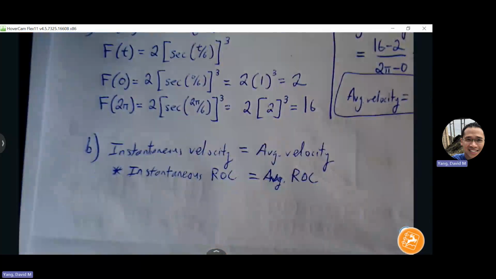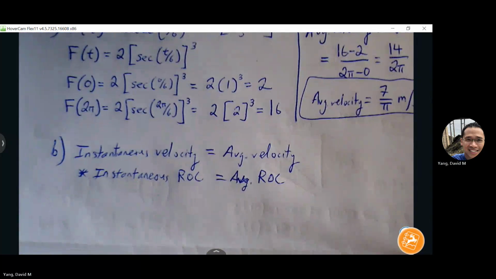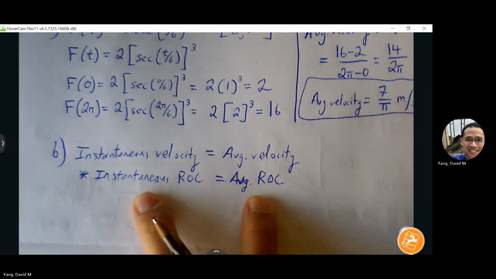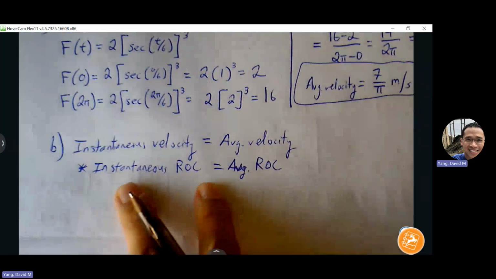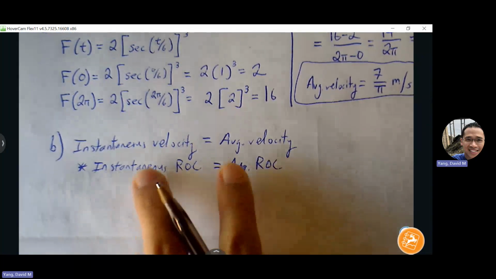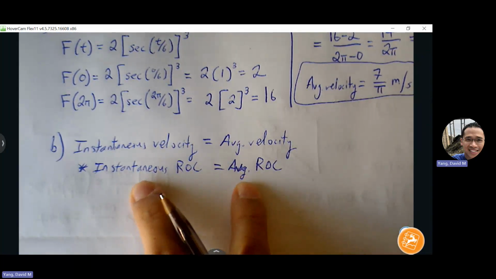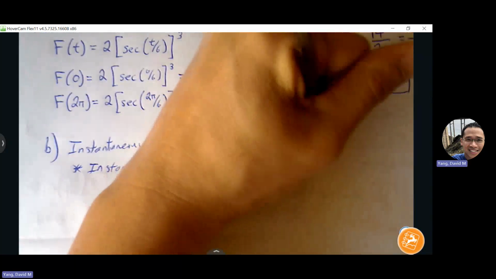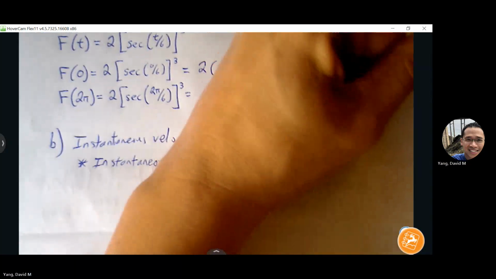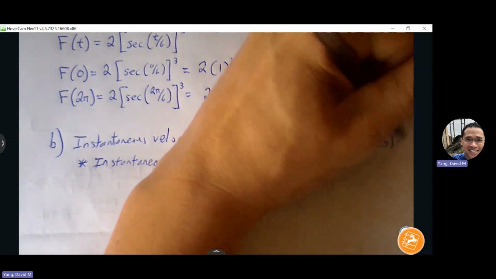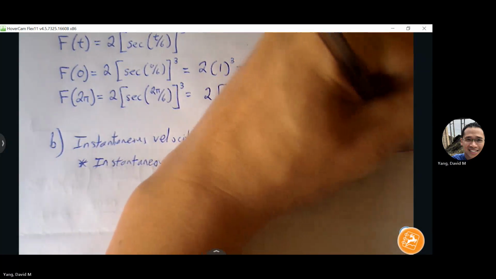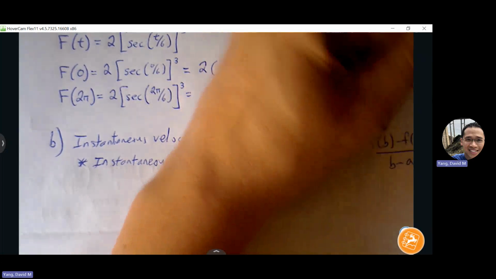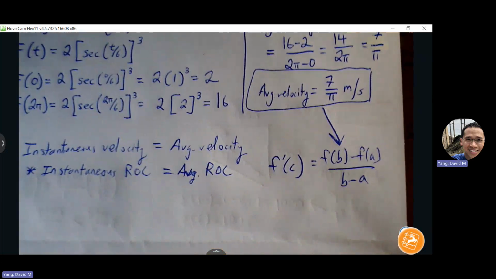That's really just an application of what? What theorem is that called when we set the instantaneous rate of change equal to the average rate of change? Mean value theorem. Yep, that's just f prime of c equal to f of b minus f of a over b minus a, right? We have this part, we have the average rate of change.